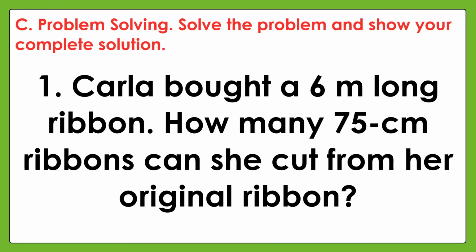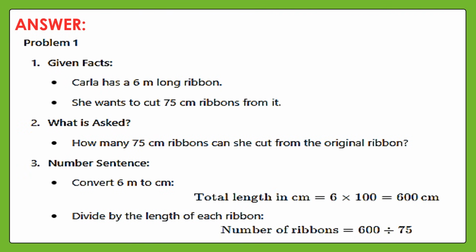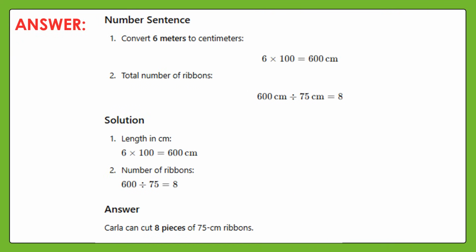Number 1, Carla bought a 6 meters long ribbon. How many 75 centimeters ribbons can she cut from her original ribbon? And here is the answer. The answer is Carla can cut 8 pieces of 75 centimeter ribbons.